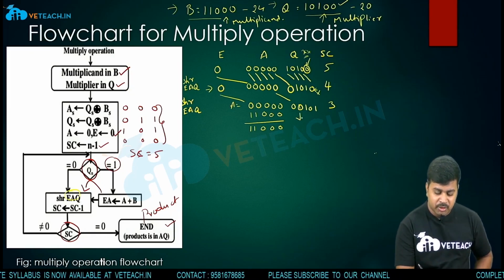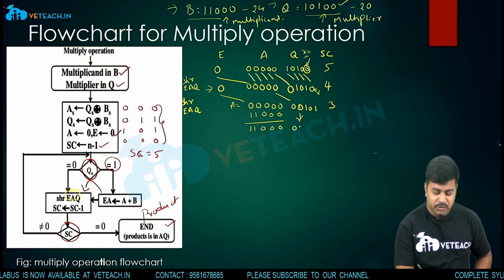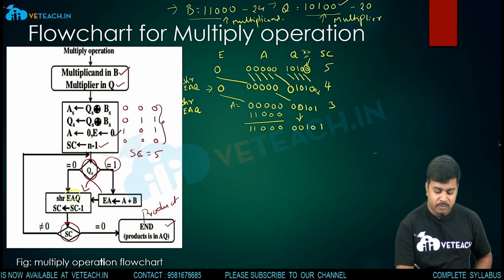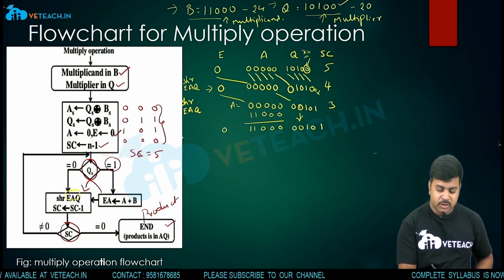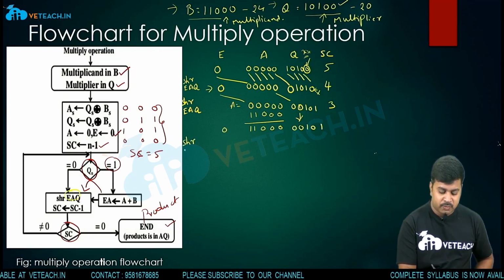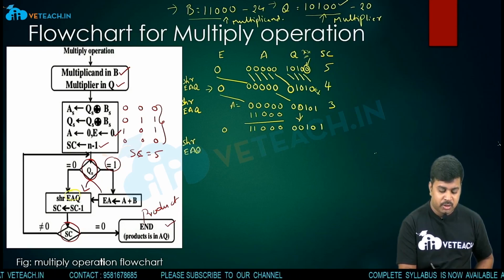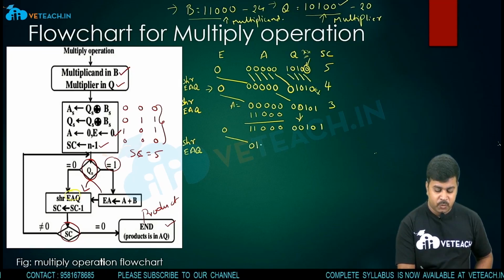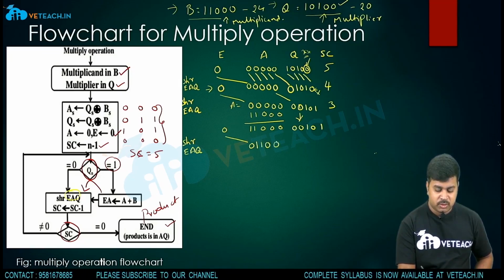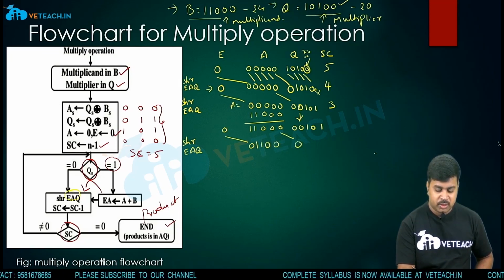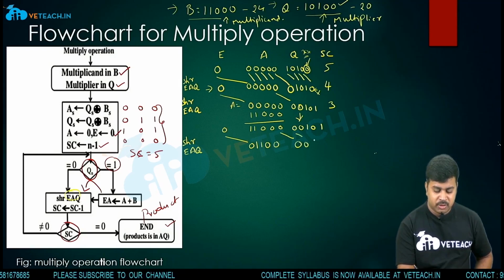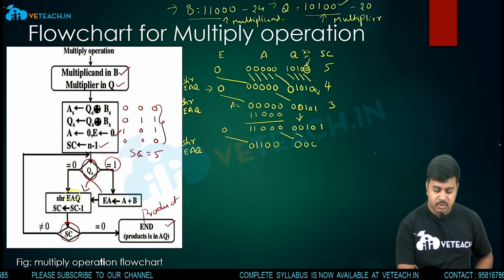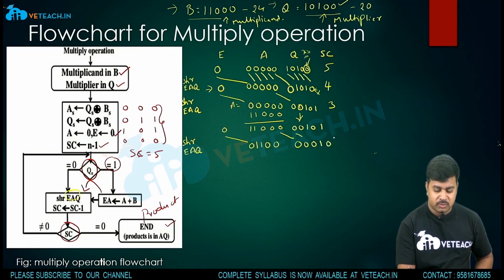I am writing Q directly here for simplification, and 101. So this will be 0. Again we are doing shift right of EAQ here, and it will be written like this: 0 0 0 1 1, and this 0 will go here, and this 0 will come here, and 0 1 and 0.